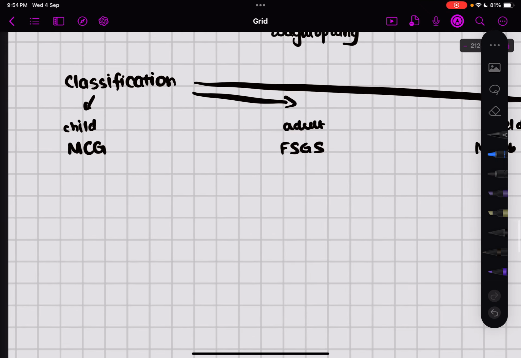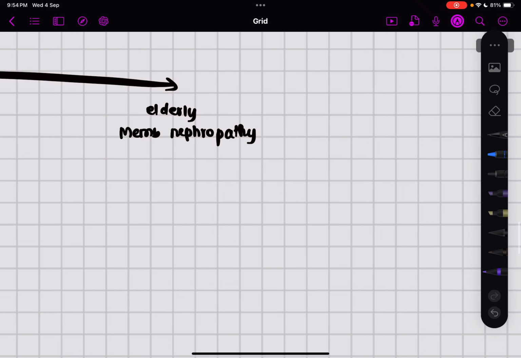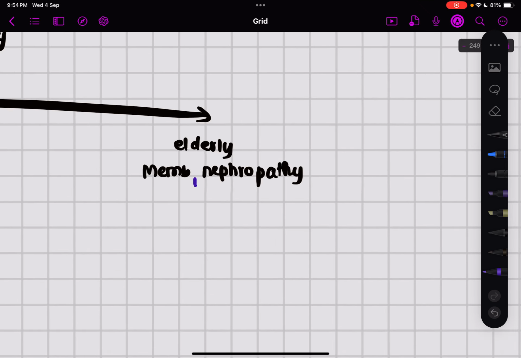And minimal change disease has other names. Other names of minimal change disease are lipoid nephrosis or nil deposit disease. Membranous glomerulonephropathy.